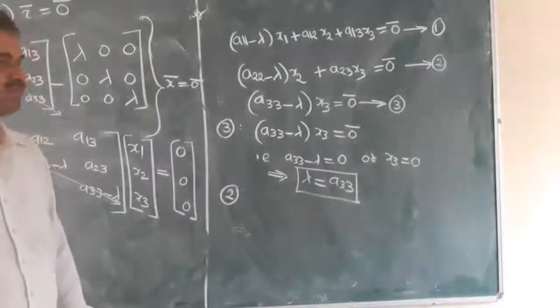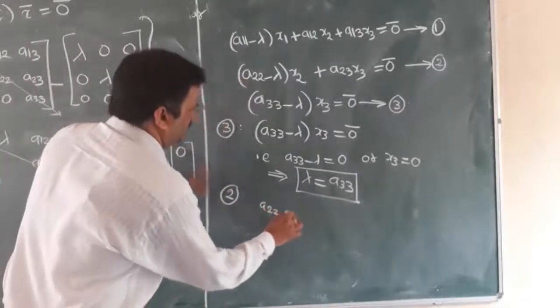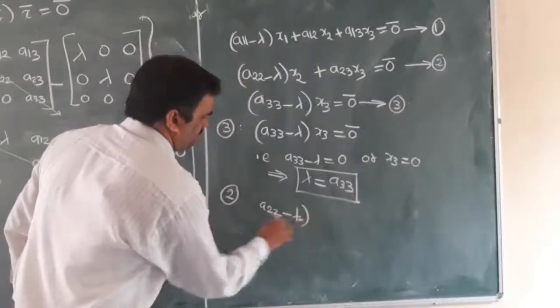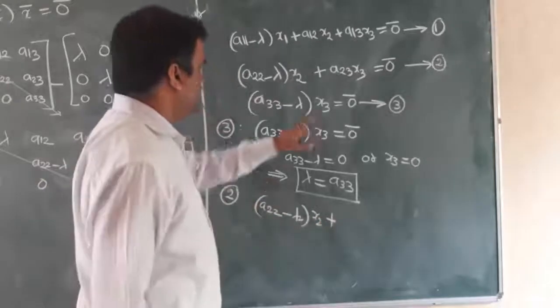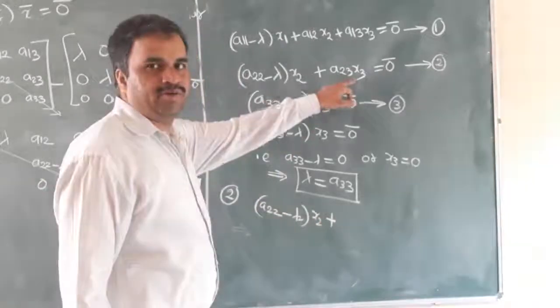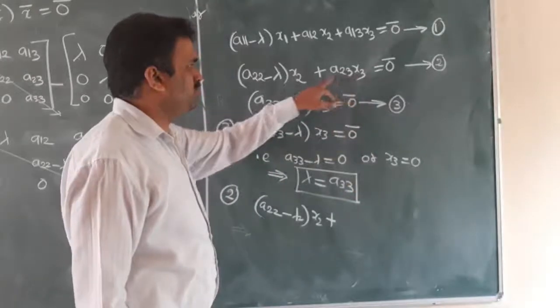Now I will go for equation number 2: (a22 minus lambda) x2 plus a23 x3. What is the x3 value? It is 0. Substitute x3 equal to 0, and that whole term becomes 0.